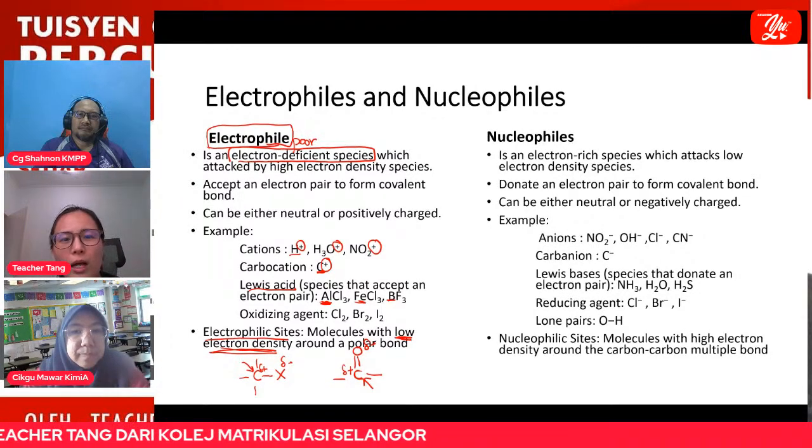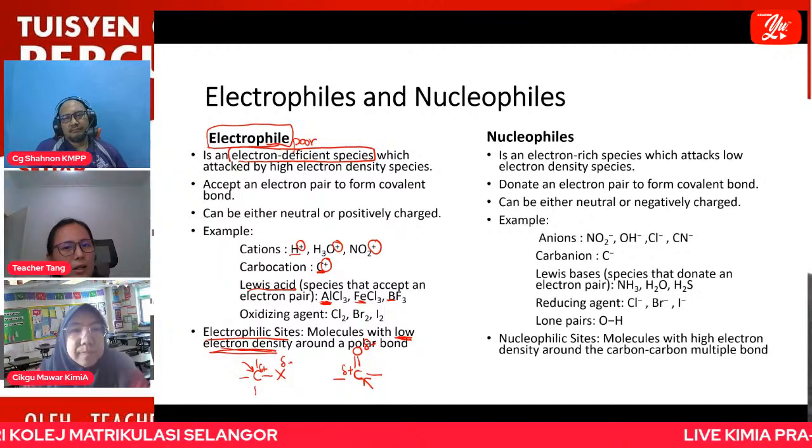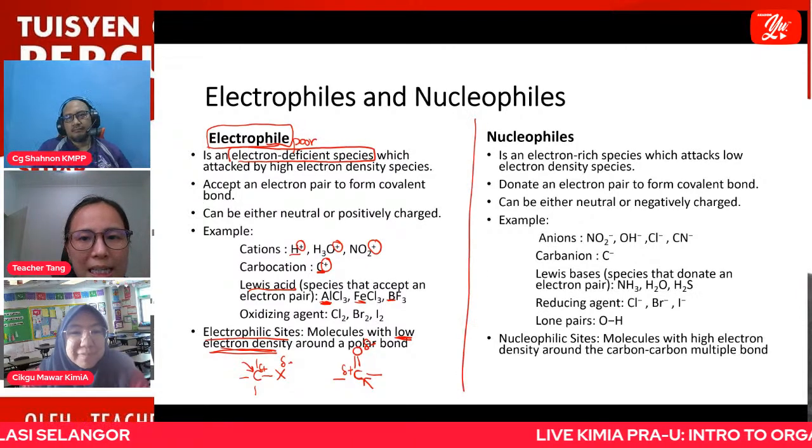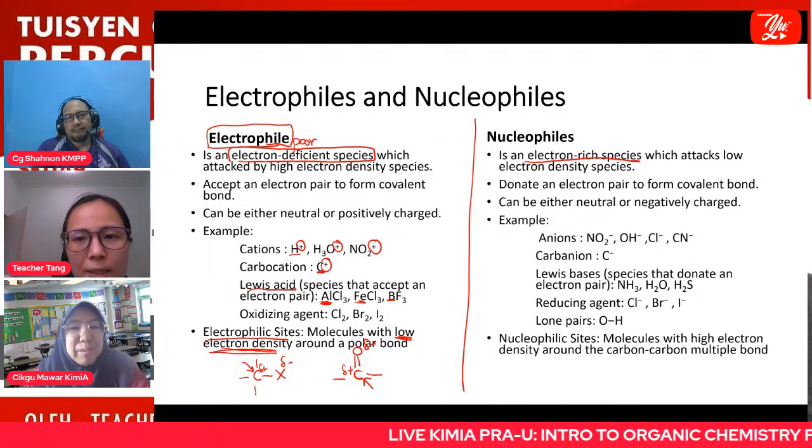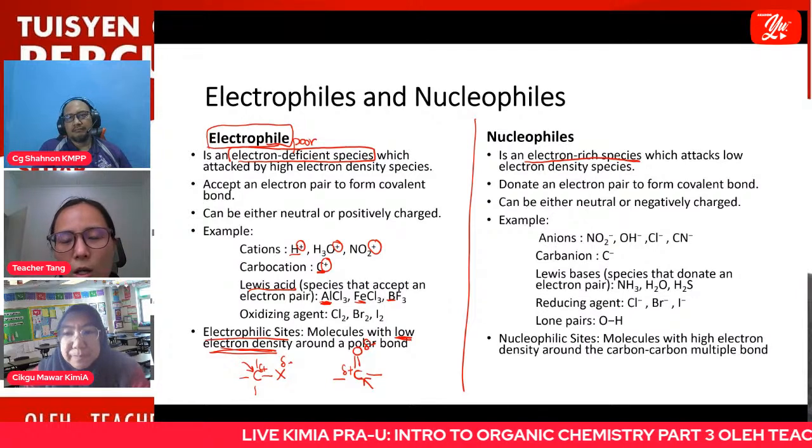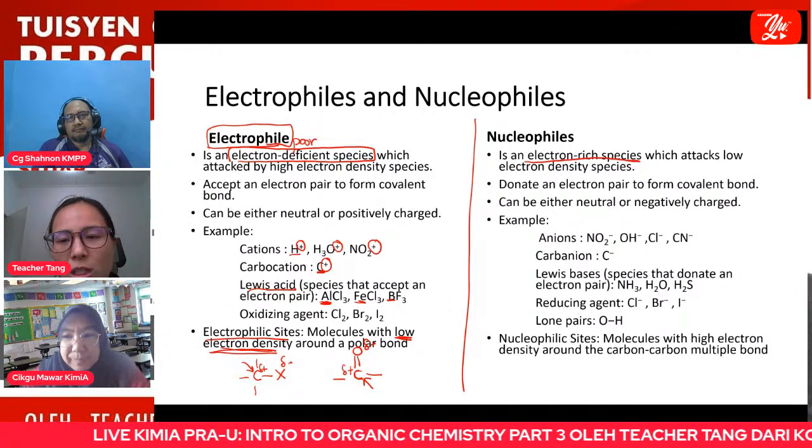Now we move on to look at nucleophiles. A nucleophile is a species that is rich in electrons. How do we know it is rich in electrons?